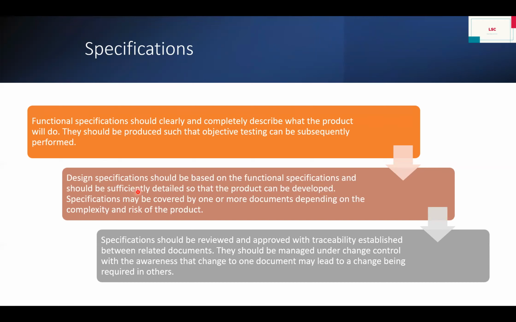Then the design specification should be based upon the functional specification and should be of sufficient detail so that the product can be developed. Specifications may be covered by one or more documents depending upon the complexity and risk of the product. Specifications should be reviewed and approved, with traceability established between the related documents. Accordingly, this should be reviewed and approved.